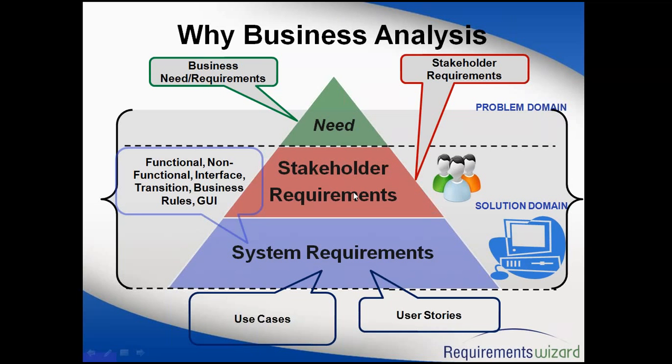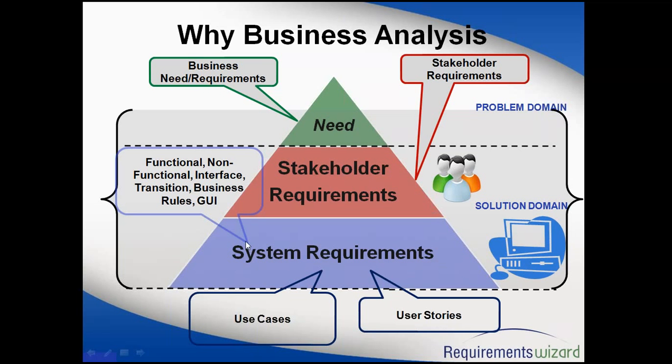So once you have a good understanding of this level of requirements, that's when you start looking at system level requirements. The role of a BA is not just to look at system level requirements. He or she has to start from this layer, understand who the different stakeholders are, what they need, what the requirements are, and based on that they start looking at system level requirements.